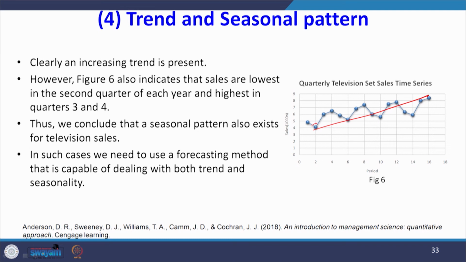See that this is the lowest. Thus, we conclude that a seasonal pattern also exists for television sales. There is a trend, and at the same time there is a seasonal pattern. In such cases, we need to use a forecasting method that is capable of dealing with both trend and seasonality.